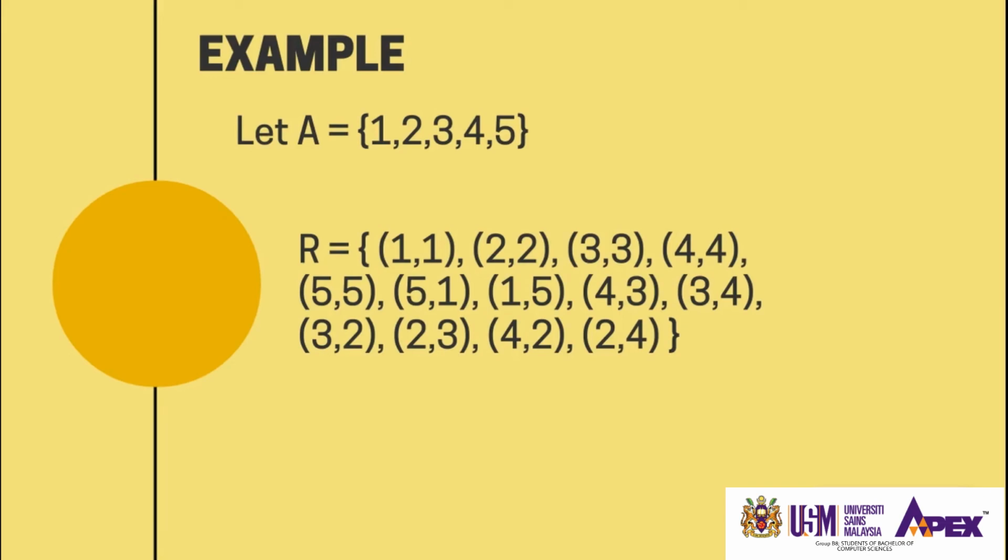Then we take 4 to 3, and we include 3 to 4, and finally we take 3 to 2, and we must include 2 to 3. And for the transitive, we see that 4 can go to 3 and 3 can go to 2, so basically it means that 4 can go to 2, and 2 can go to 4.